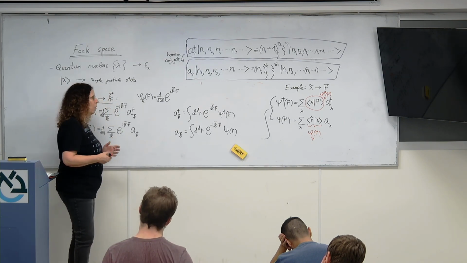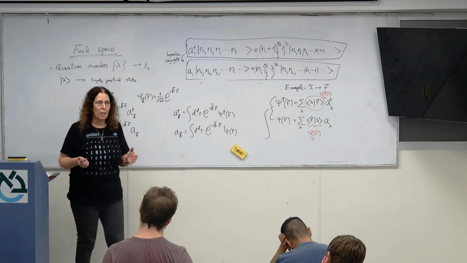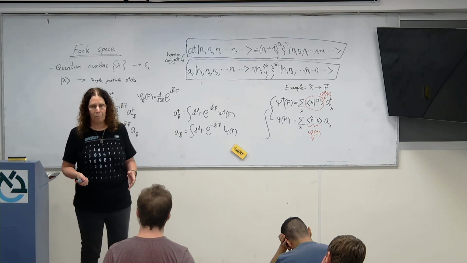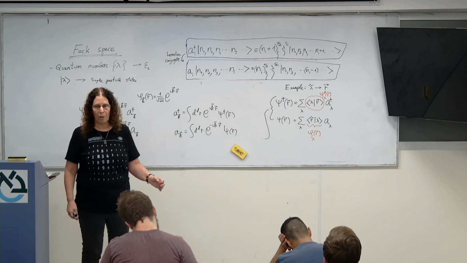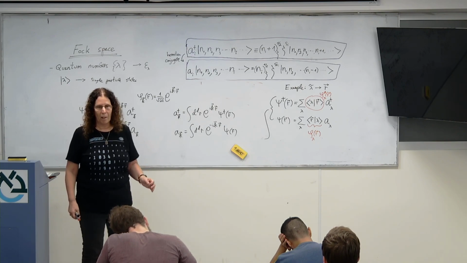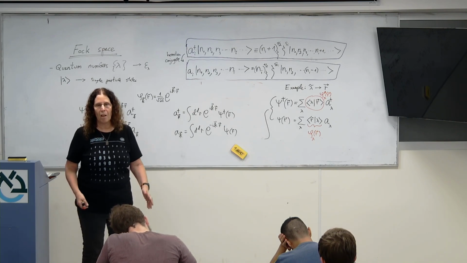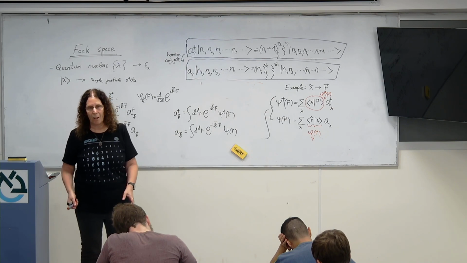All of this we want to be able to write with the same building blocks. We already know how to write the wave function. Any wave function, any many-body state, can be expressed as a superposition of Fock states.